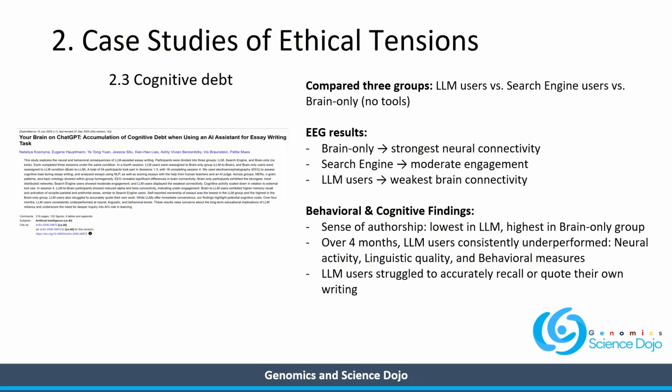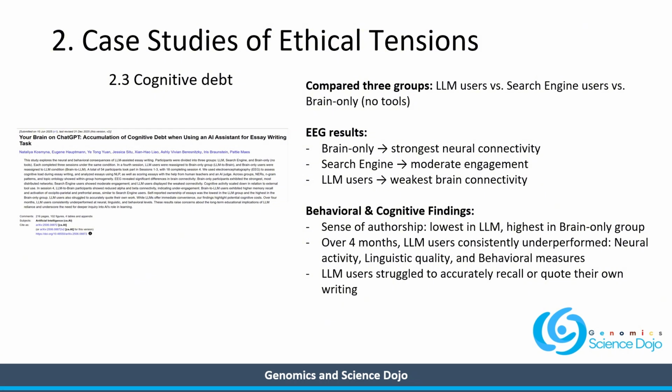They asked them to write an essay for this task, examined the essay results, and also hooked these participants up to an EEG, and the EEG shows that the brain-only group provided the strongest neural connectivity.